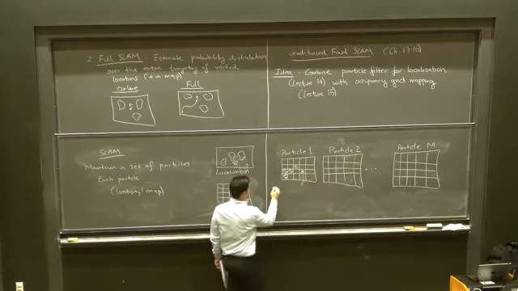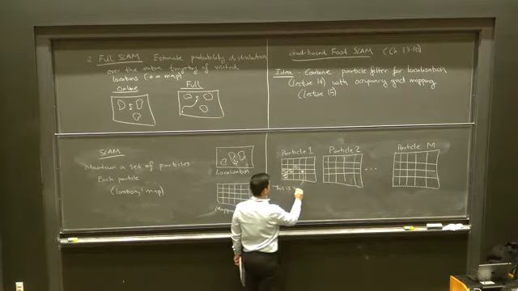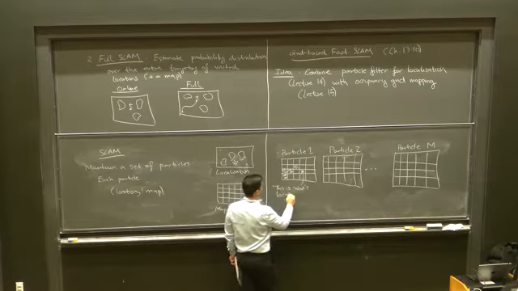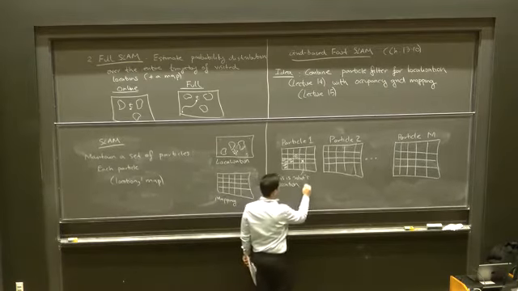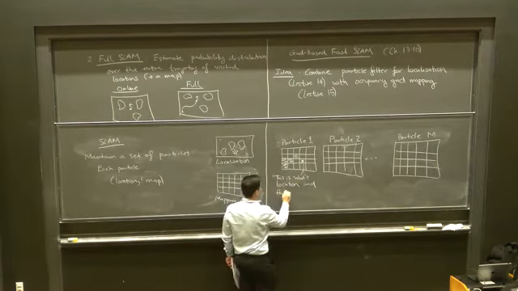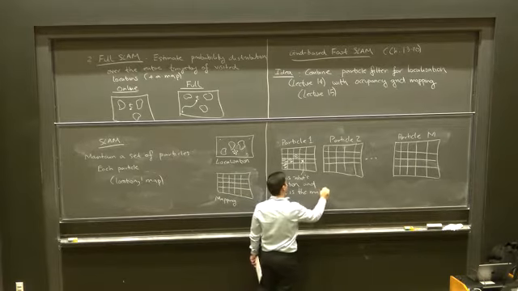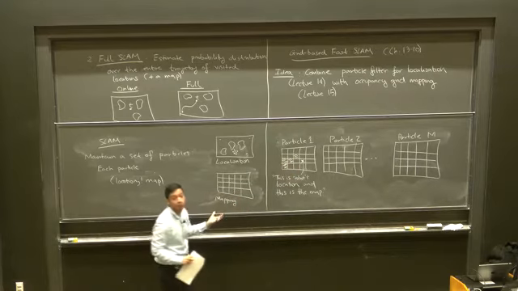So this is the robot's location, marked with the X, and the occupancy map here represents one particular map.